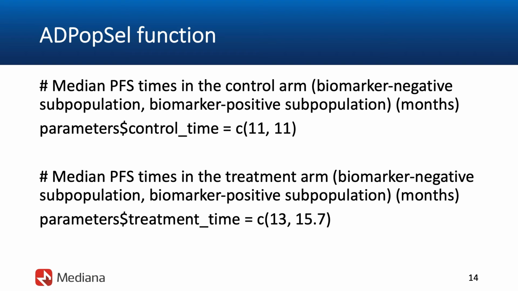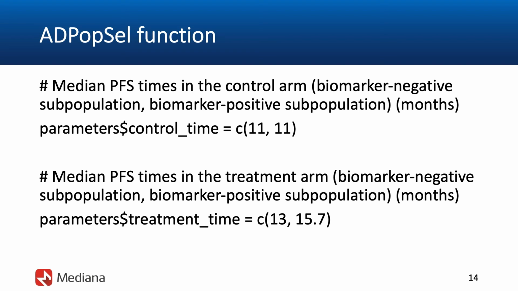In this case, the median PFS time for biomarker positive patients is expected to be 15.7 months. And as it is frequently done, whenever we review assumptions for median survival times, it is helpful to quickly compute the implied hazard ratios.